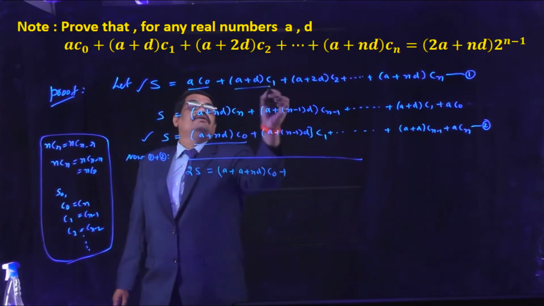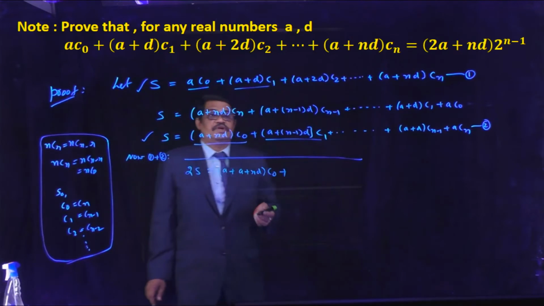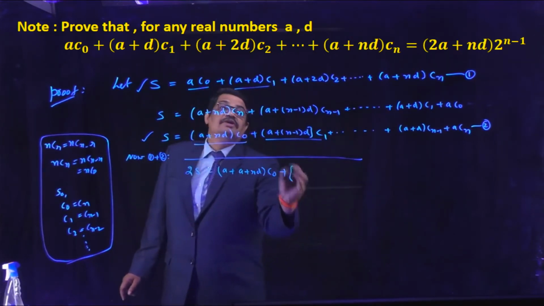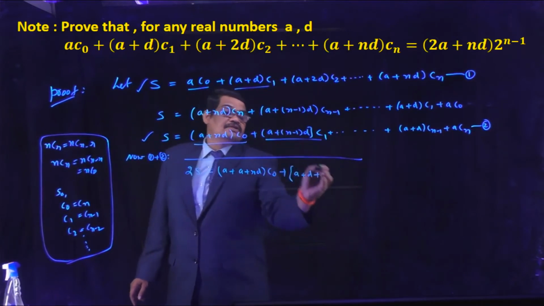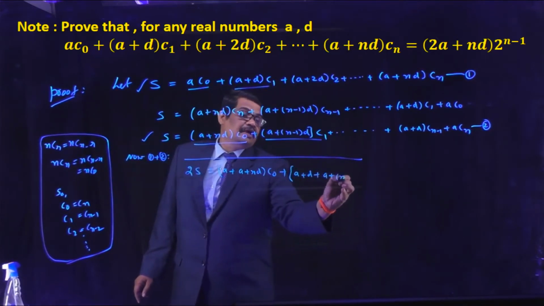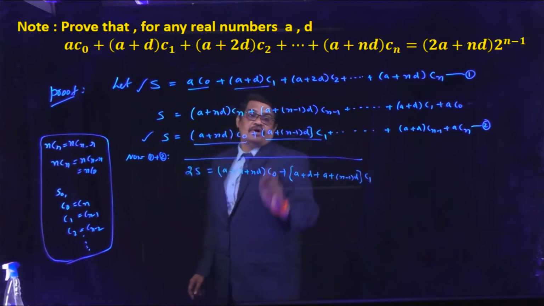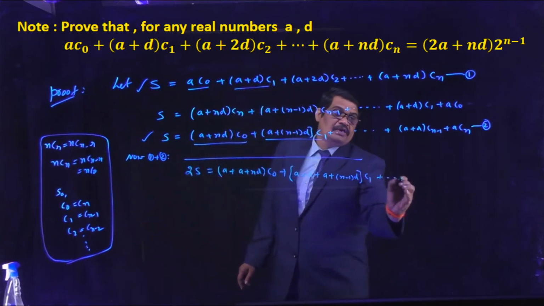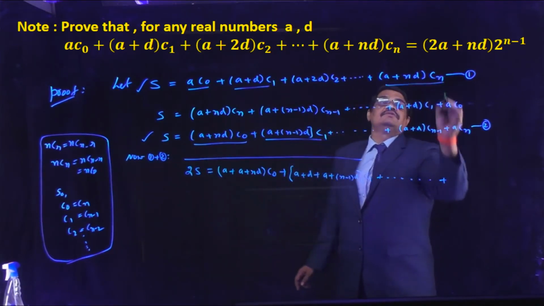Now we are adding these two terms, here C1 is common, then the remaining terms we add. So that is A plus D, here A plus D, in this A plus n minus 1 into D into C1. C1 is common. Like that we take the common factors. And the last term is this one.